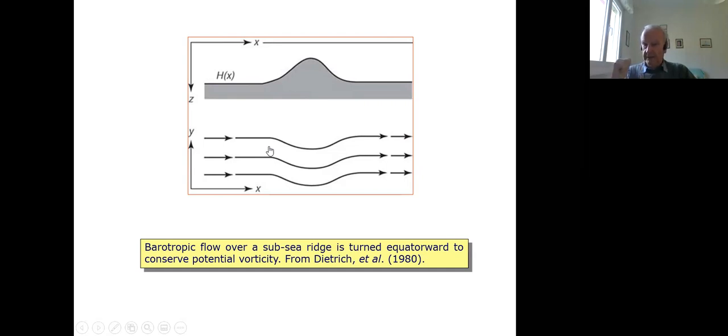Or in other words, it turns equatorward in the northern hemisphere. So if you have a subsea ridge, it turns equatorward and then goes back and passes the ridge. This is how it conserves potential vorticity, because h becomes smaller, and proportionally the Coriolis parameter f becomes smaller as well.